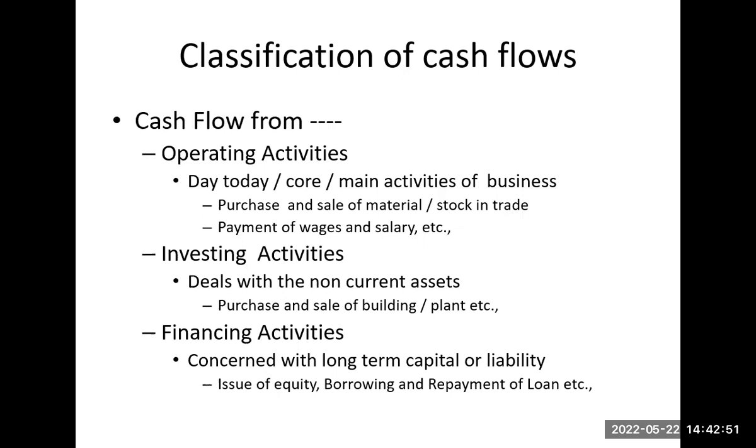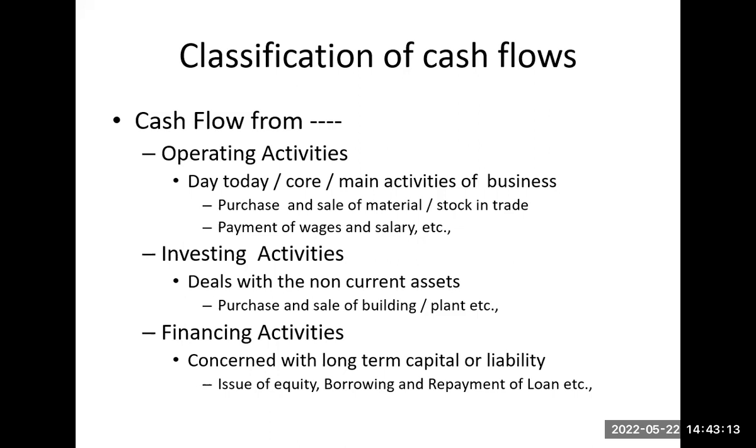Look at this. In all these cases, in these two categories, we don't talk about current. We talk about non-current. Good point you noticed. The other side of it is current. Current items will be used to find out cash flow from operating activity.